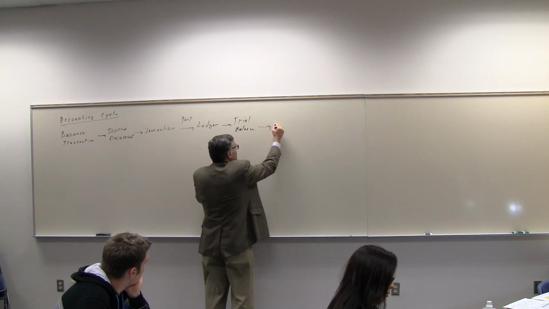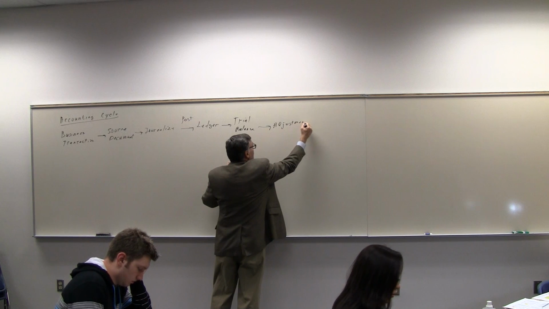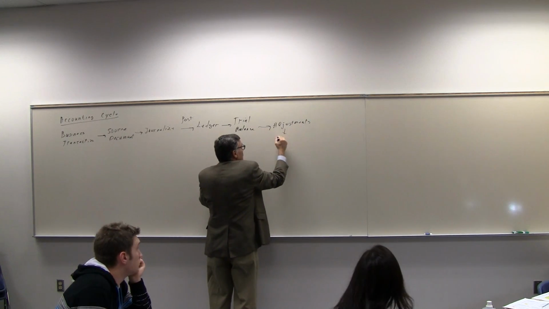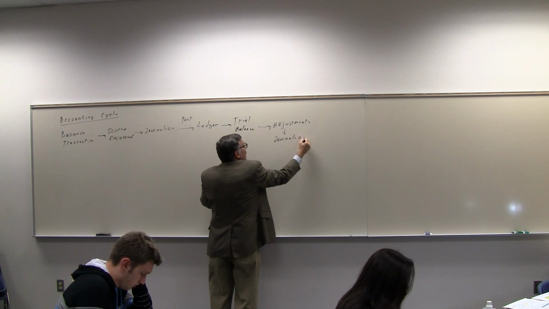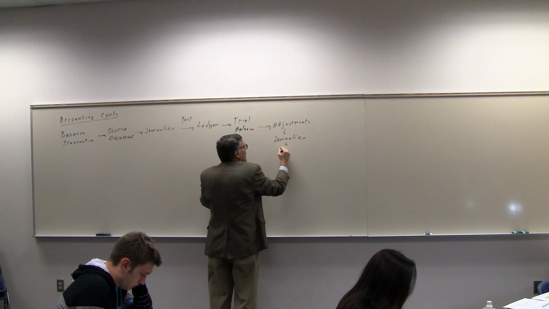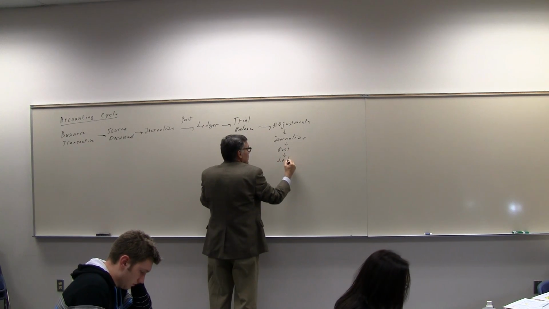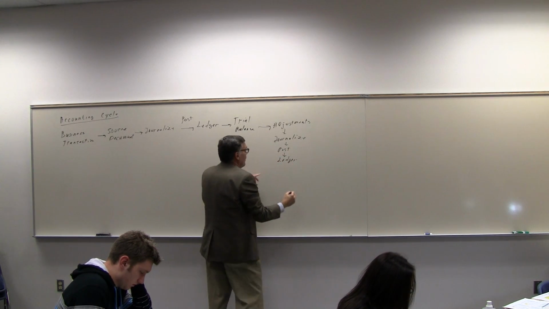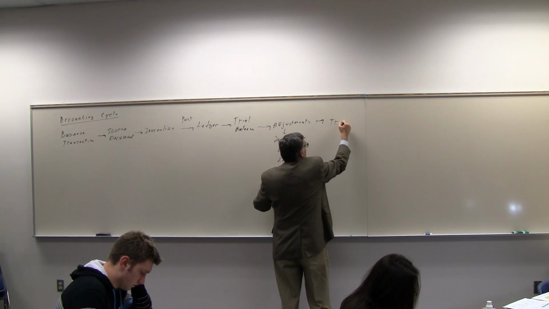So then we do the adjustments. And of course we journalize and post them to the ledger. Then we take this ledger and we do another trial balance.